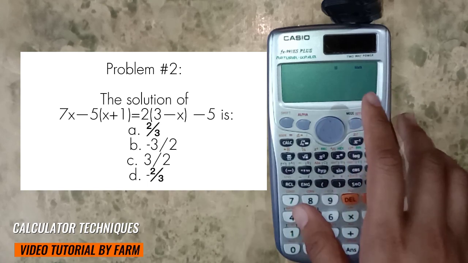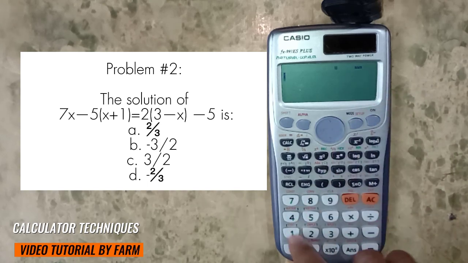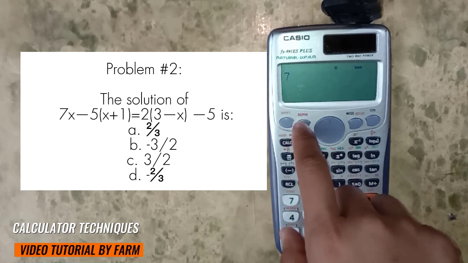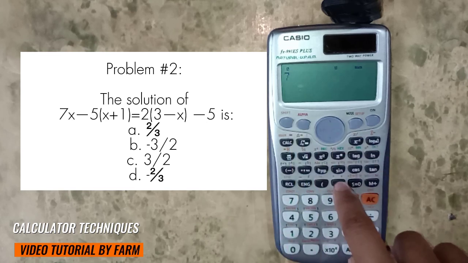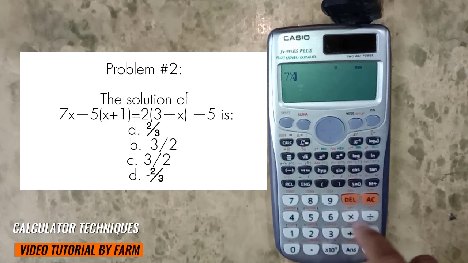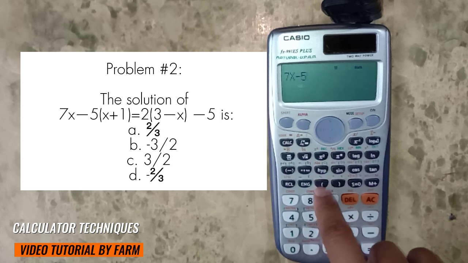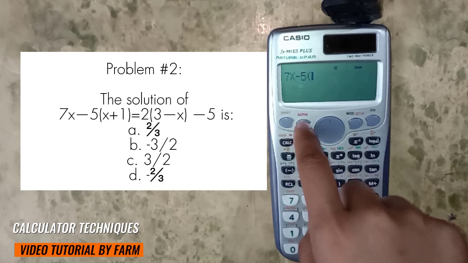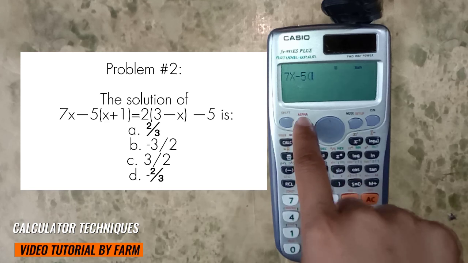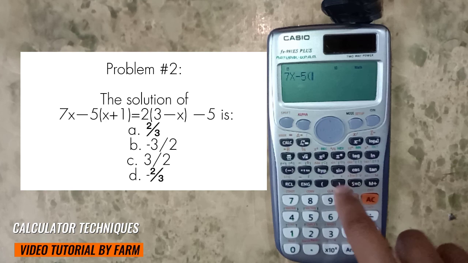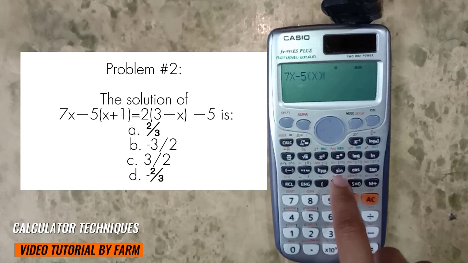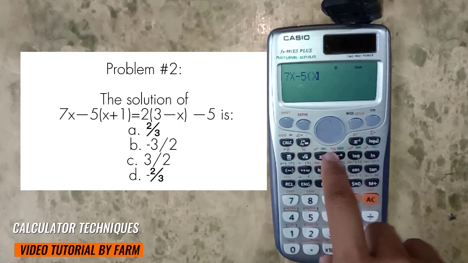So let's try this. So you need to input all the equation, which is 7, then alpha, close parenthesis, to get the x, then minus, then 5, then close parenthesis, click the alpha, then close parenthesis to get the x. Then erase that because it is wrong.